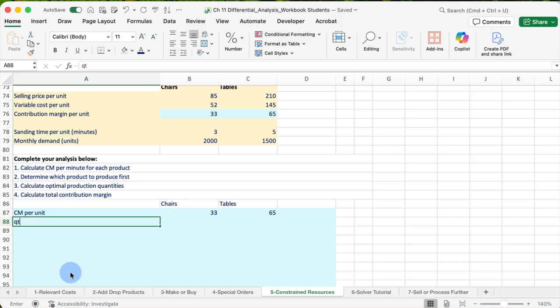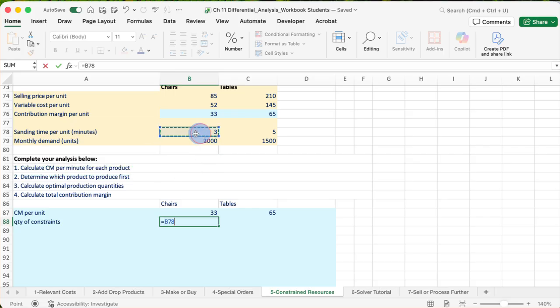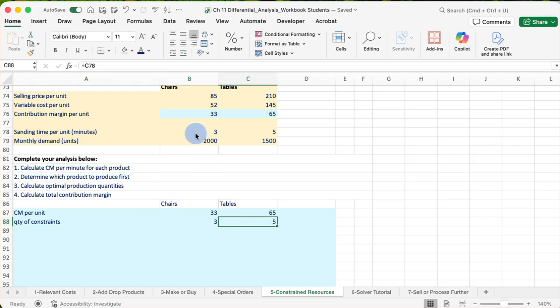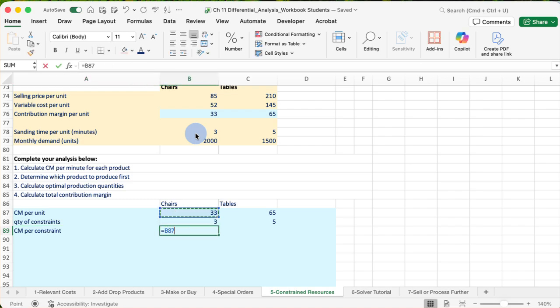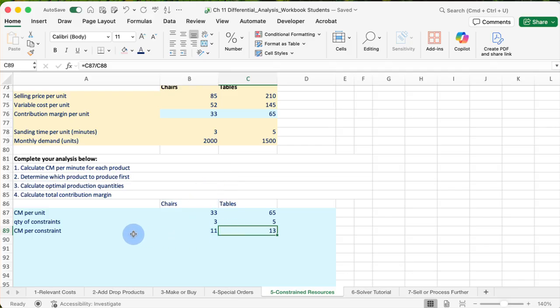So if we look at quantity of constraint, we know that it requires 3 minutes of sanding for chairs and 5 for the tables. So for us to determine the contribution margin per constraint, we will divide the contribution margin by the number of minutes per constraint. And so we have a contribution margin of $11 per minute for chairs and $13 for tables.